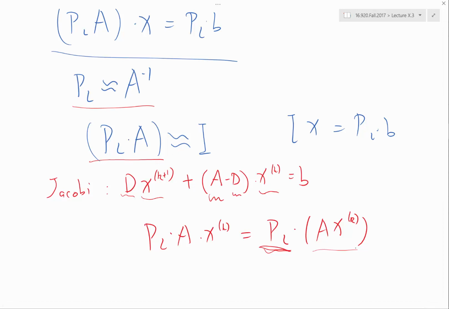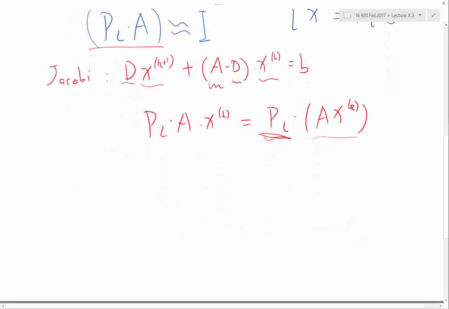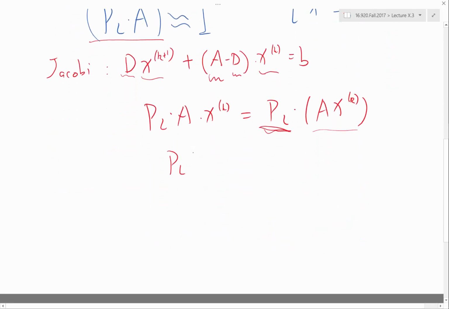So how many methods have we discussed for approximately solving Ax equal to b? Jacobi, Gauss-Seidel, Krylov methods, multigrid, right? All of these iterative methods are approximately solving Ax equal to b. So PL can be an iterative method.